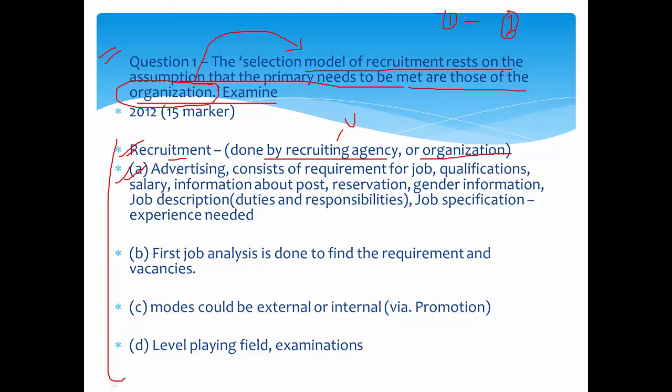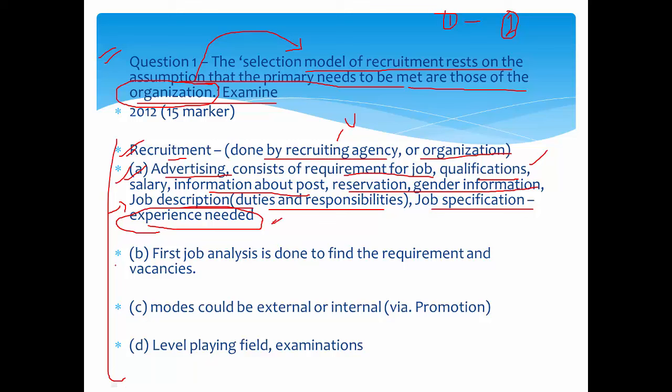First of all, advertising is done. In the advertisement, like your UPSC notification, they tell you about the requirements of the job, qualification, that is, you should be a graduate at least. Then the salary, information about posts, reservation, gender information, job description, that is, duties and responsibilities. Then job specification, that is, what experience is needed for that particular job.